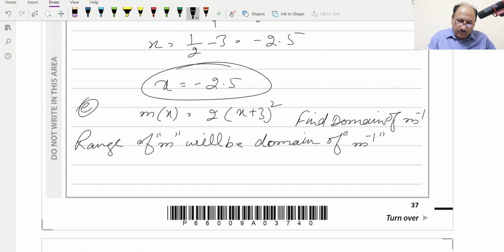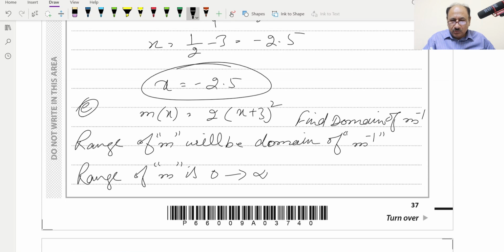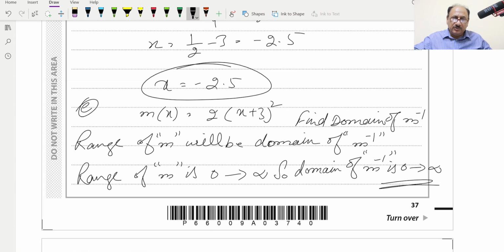Now range of M is what? It is 0 to infinity. So domain of M inverse will be 0 to infinity. This will be the domain for this one.